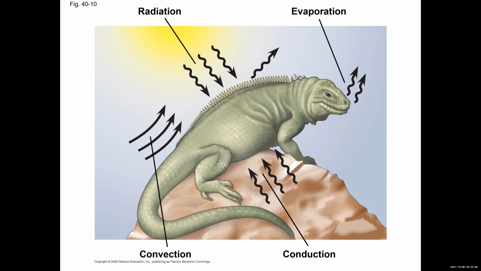Convection is where we have a fluid flowing over a surface. So that can be air, it can be water. And as that air or water moves by, and it's heated, as it moves away, it will take that heat with it, right? So if you're sitting in a still space of air, your body is going to be heating the air around it.